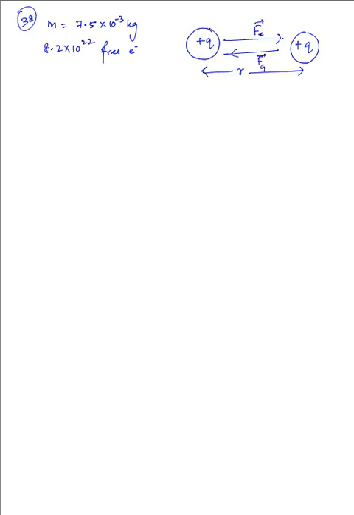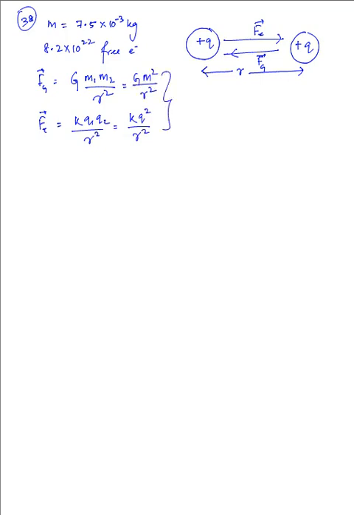The gravitational force is equal to G, the gravitational constant, times m1 m2 over r squared, and that is balanced by the electrostatic force of repulsion, which is k q1 q2 over r squared. In this case q1 is equal to q2, so k q squared over r squared, and similarly with the masses being the same, G m squared over r squared.